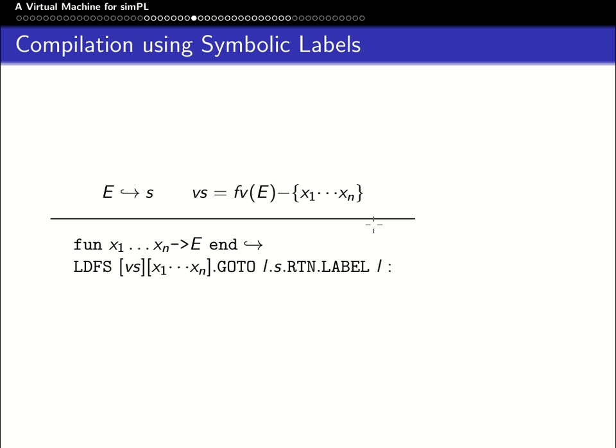So instead of saying go to and specify the length, we can say go to a label L, and the compiler can say in the code that the label L is right here after the return. So effectively, we define the function and avoid the execution of the code by jumping right after it. We wouldn't be able to execute the code right now because we wouldn't know the values of x1 up to xn. Right? Is this clear?